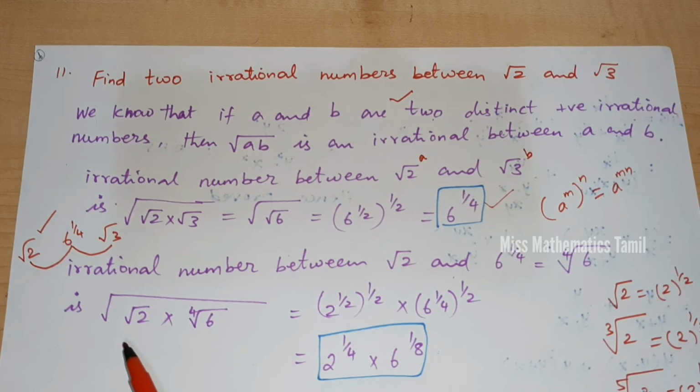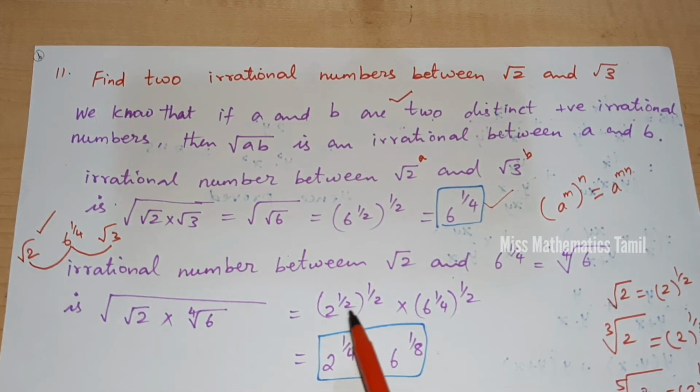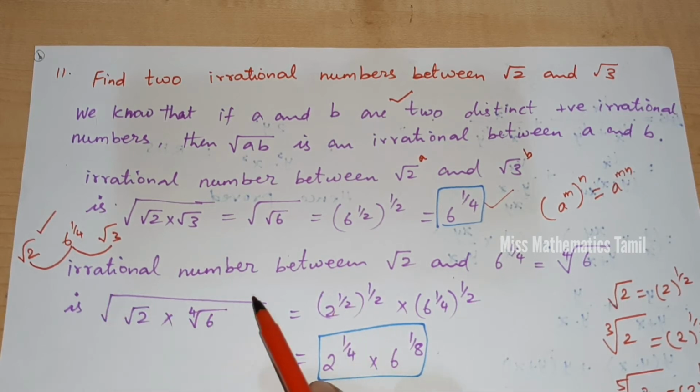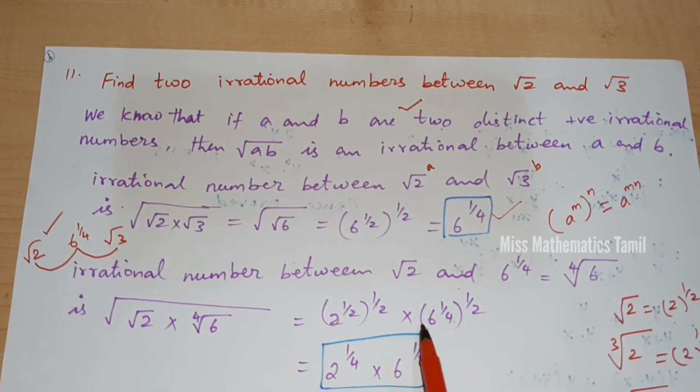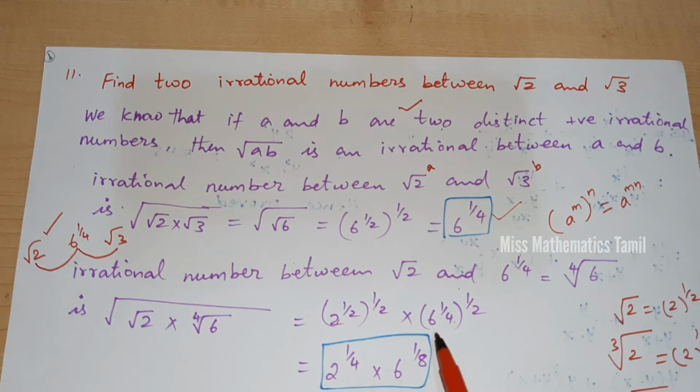Again the same formula, root of a into b. See here, root 2 is 2 to the power of 1 by 2, also the outer root 1 by 2. You got it? Into 6 to the power of 1 by 4, also 1 by root 2. So here 2 to the power of 1 by 4 into 6 to the power of 1 by 4 into 1 by 2, which is equal to 1 by 8.